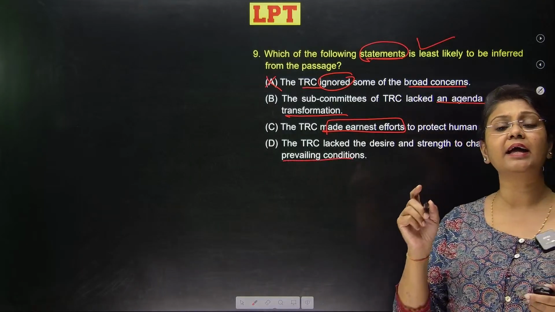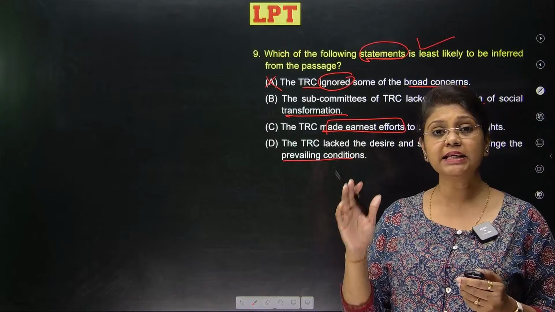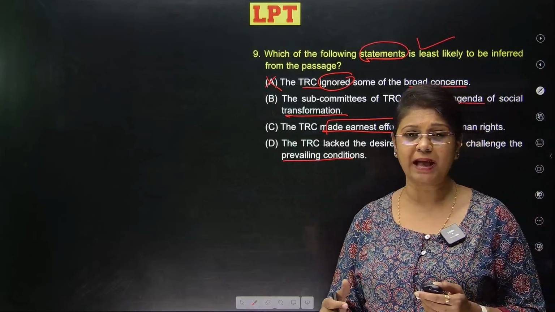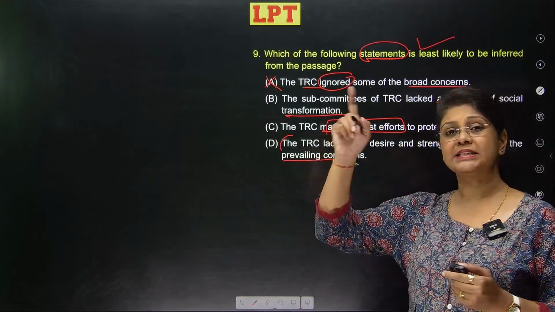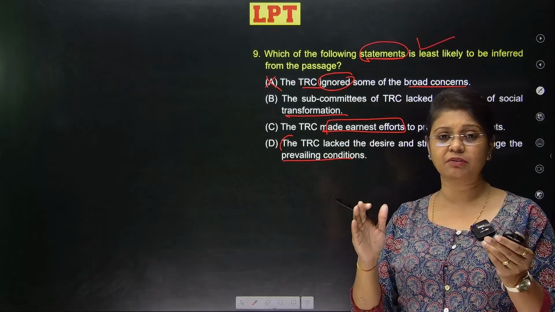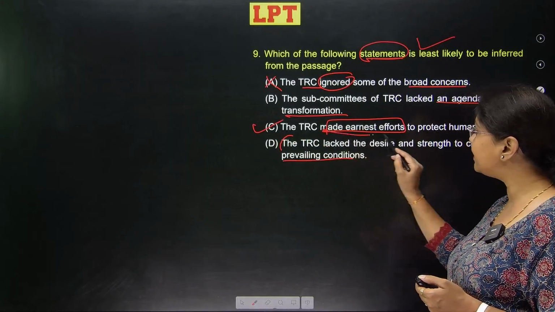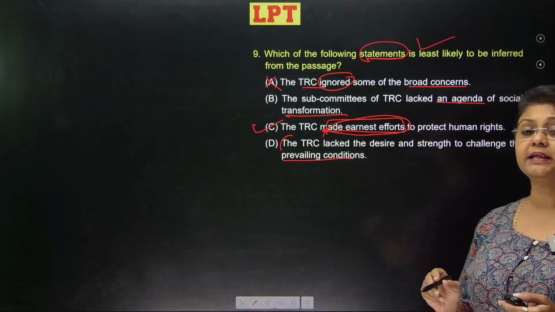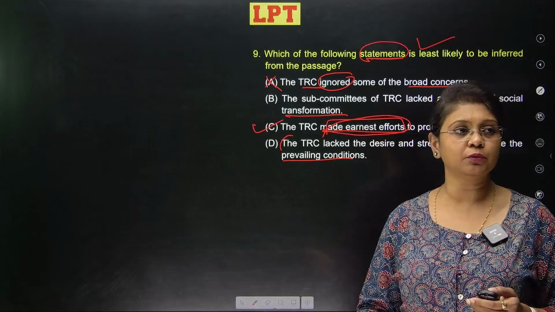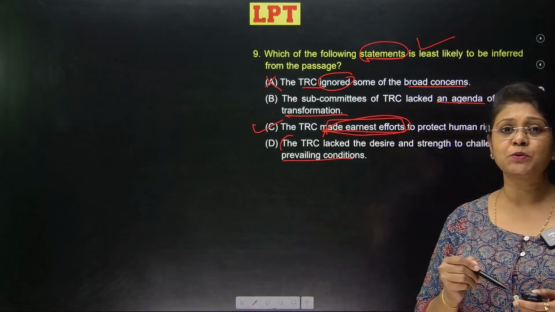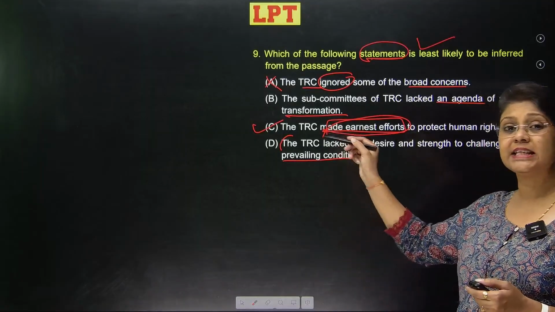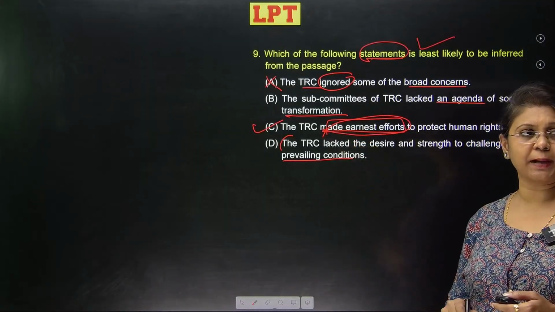So remember that line which talks about the status quo. This has again been inferred from the passage, from the status quo information that we are dealing with in the passage. The answer to this question is C, the TRC made earnest efforts to protect human rights. It was just the other way around. So the answer choice is option C, which is least likely to be inferred from the passage.